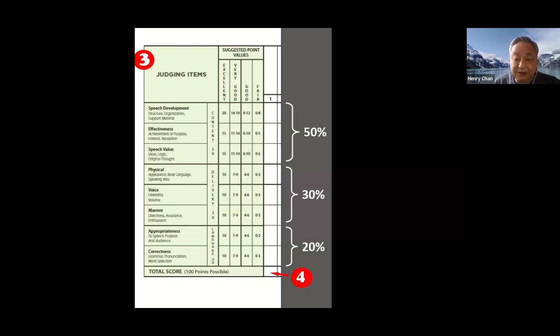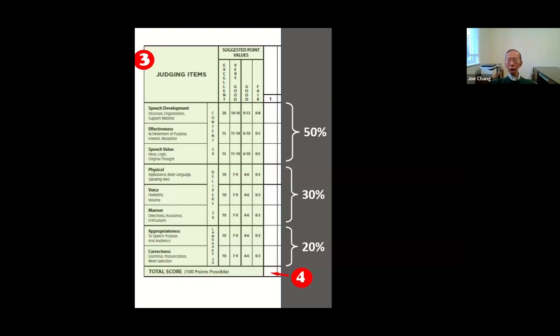This development of the speech structure is supported by relevant examples and illustrations, facts and figures, delivered with such smoothness that they blend into the framework of the speech to present the audience with a unified whole. Okay, so that's very good. So we know speech development is the fundamental part of a speech.